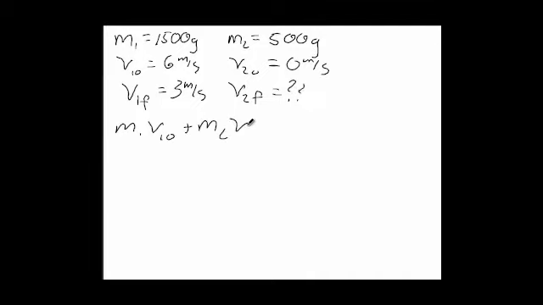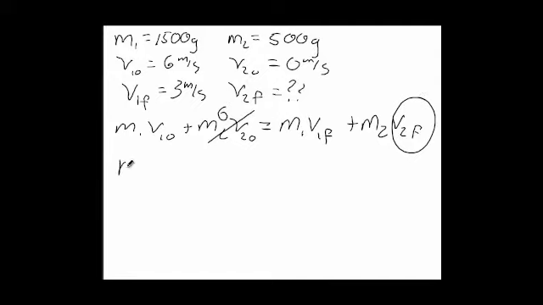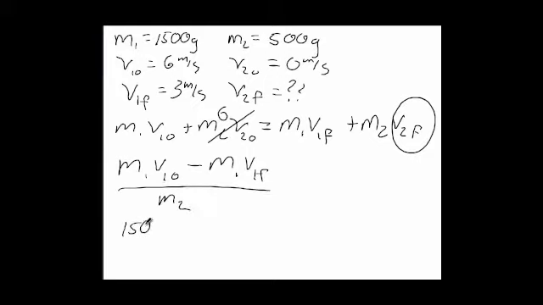Again, we start with the law of conservation of momentum. We identify which variable is the unknown that we want to isolate algebraically, find out which terms might be zero and go away, and then we solve the algebra to isolate V2 final. After we have isolated that variable, we can plug in our numbers, the 1,500 and the 500 grams.